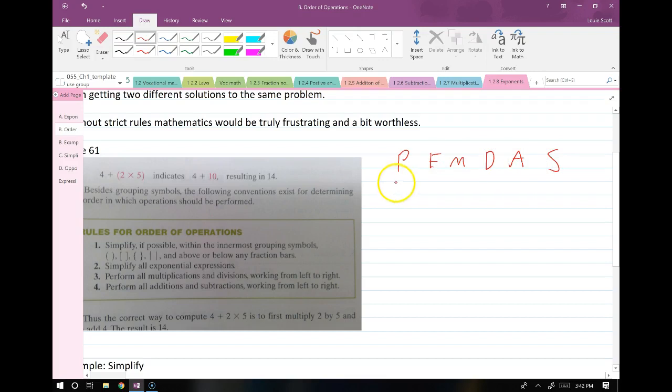PEMDAS. So P, and this is just something to help you remember what order everything comes in. So P is for parentheses. E is for exponents.